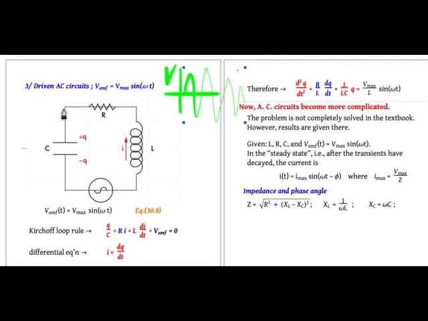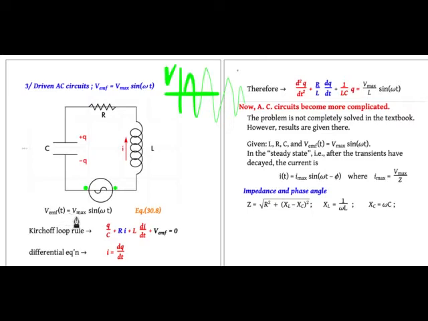So here's the circuit diagram. We have, again, the capacitor, the resistor, the inductor, and now we attach an alternating current generator. It has a potential difference between the two terminals, which is alternating in time.